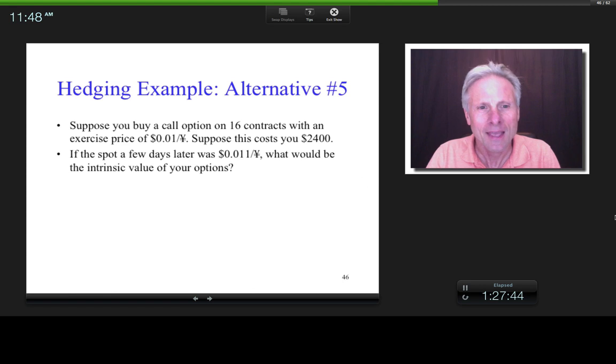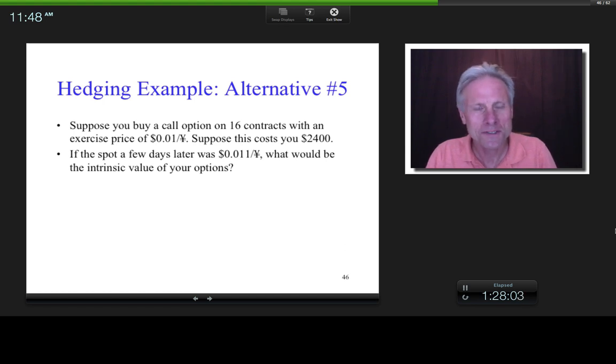And so the intrinsic value of the option, that is, if I exercised it right now today, how much money would I have saved by the fact that I've locked in, or have the right but not the obligation, for a specific exchange rate?